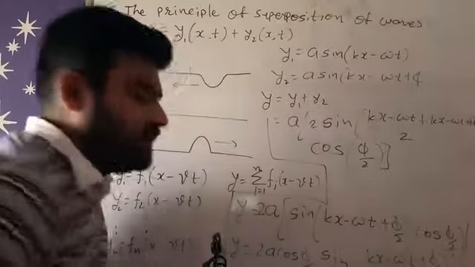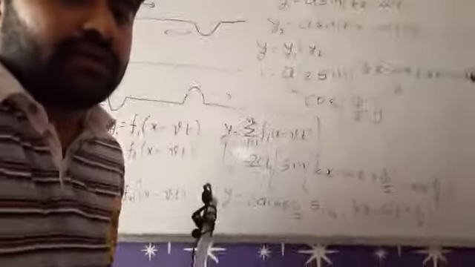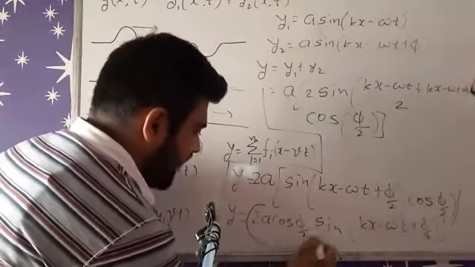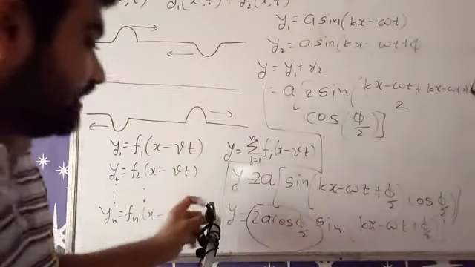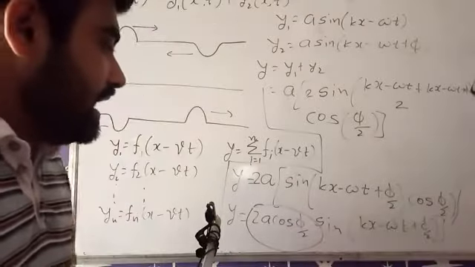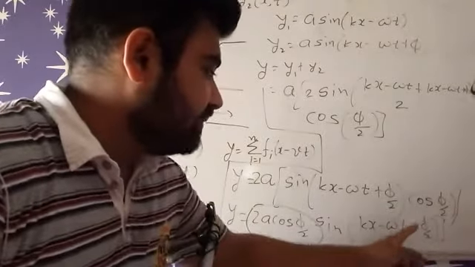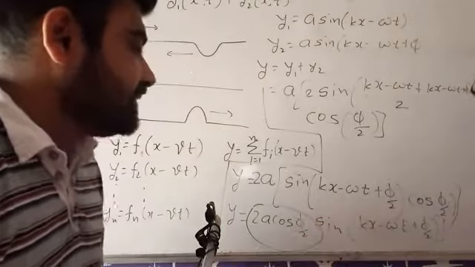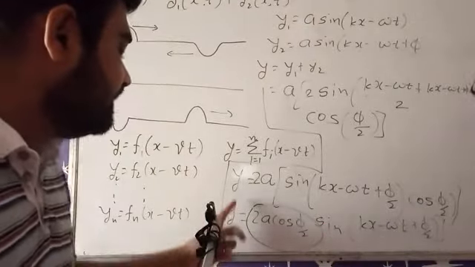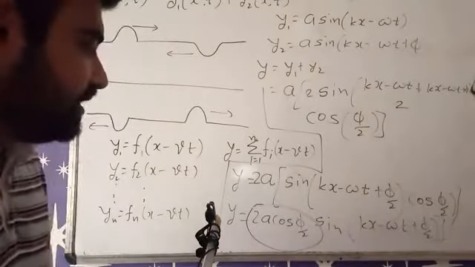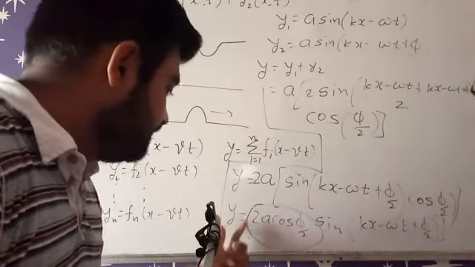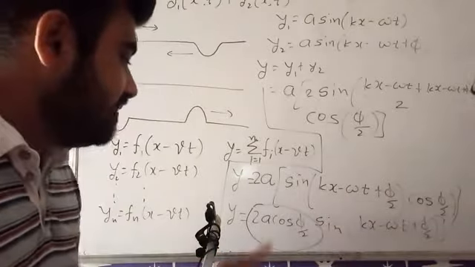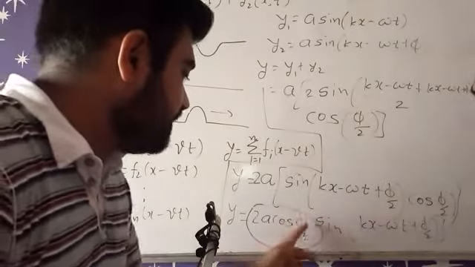In this formula, 2a cos(phi by 2) acts as the amplitude of this particular wave, and sin(kx minus omega t plus phi by 2) is the function related to this resultant wave y. So y changes according to this sine function, and the amplitude value is 2a cos(phi by 2).